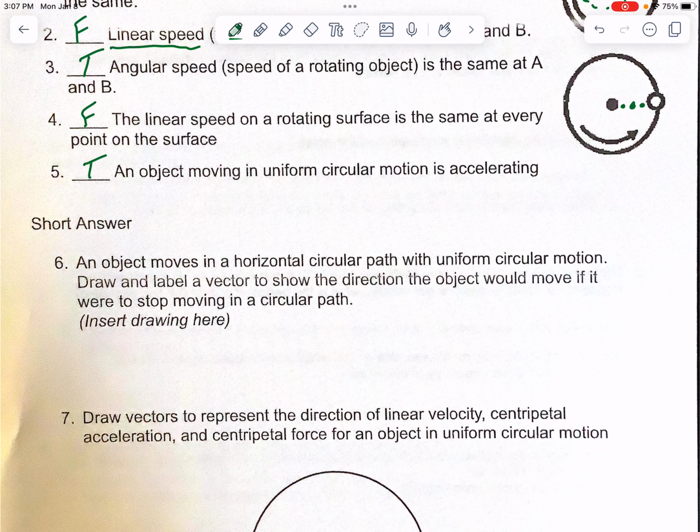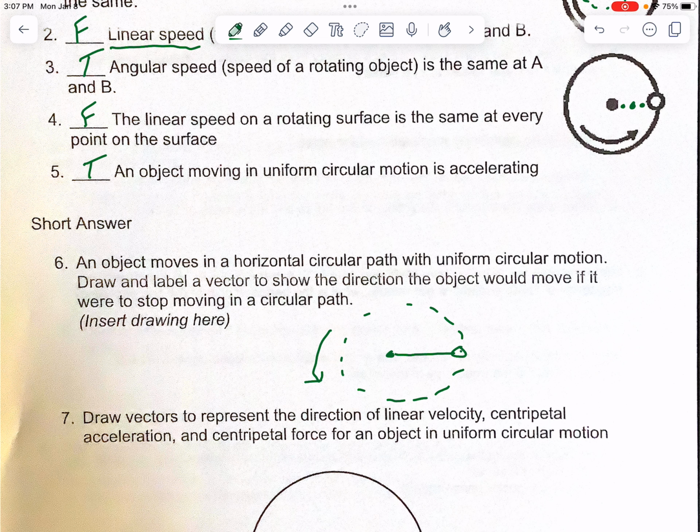An object moves in a horizontal circular path with uniform circular motion. Draw and label the vector to show the direction the object would move if it were to stop moving in a circular path. Basically, I'm spinning an object around clockwise, and let's say that object were to stop moving in a circle at that point and just keep going whichever way it's going.